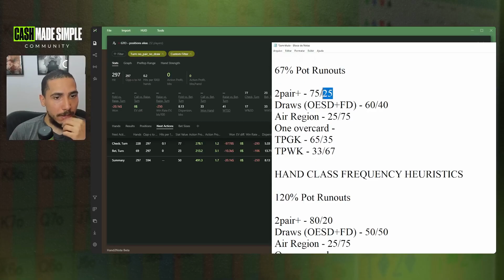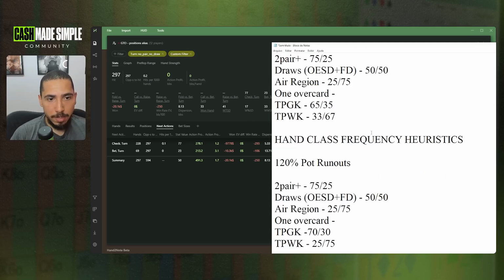So close that I think probably the best course of action here is to use the same hand class frequency heuristics regardless of the bet size you're going to use here. So this one you can turn into a 75-25. This one you turn into a 50-50. It's a bit less accurate, but it's not a big problem.